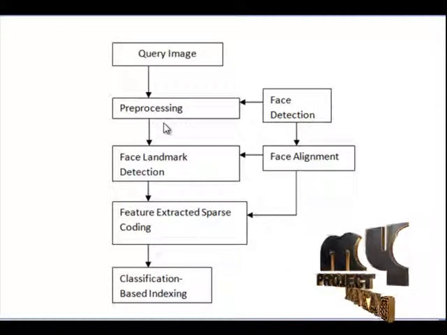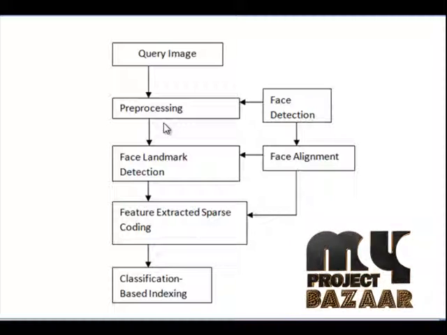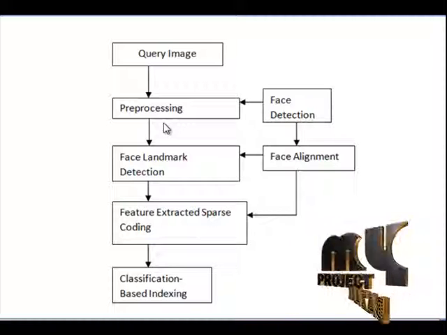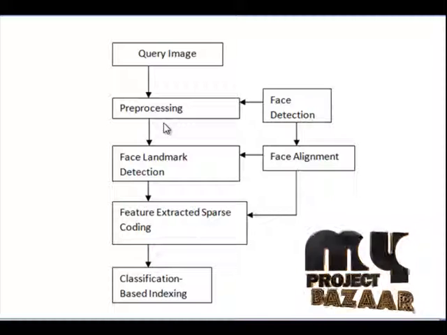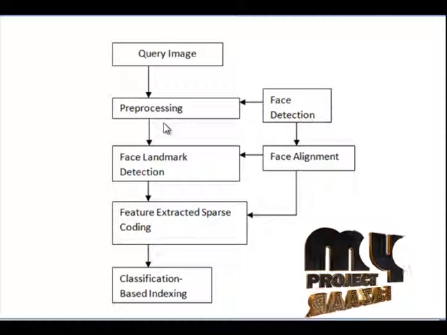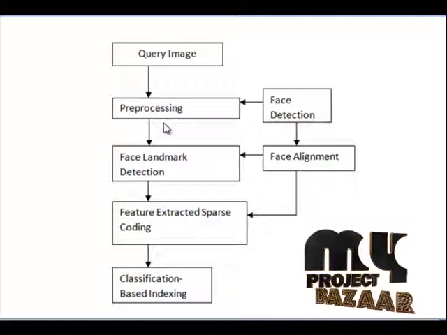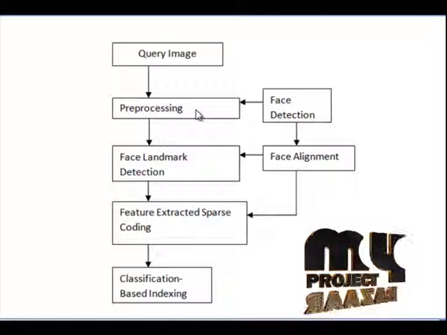This is the flowchart of our process. This flowchart contains several steps of the face image retrieval process, such as query image pre-processing, landmark detection as patches detection, feature extraction, and the final step, which is classification using the patches in the input image. We will discuss the steps of our flowchart one by one.